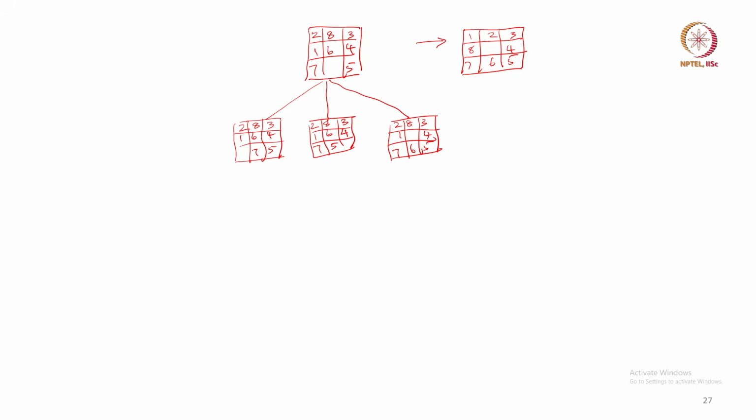In the case of breadth first search, what would we do? We would expand this node, expand this node, expand this. Here there's only one way of expanding this, so you are going to get 2, 8, 3, you move the blank up.